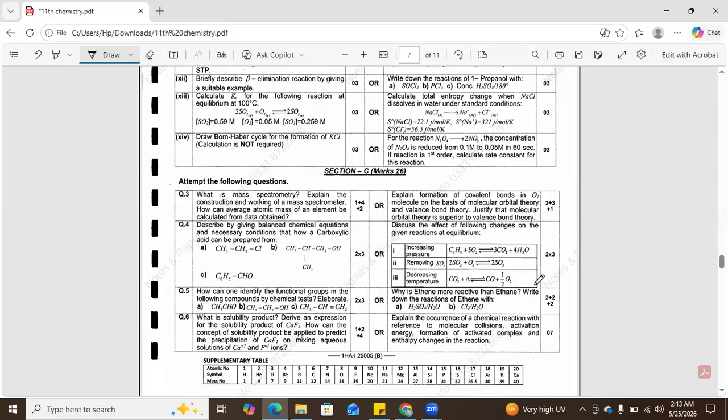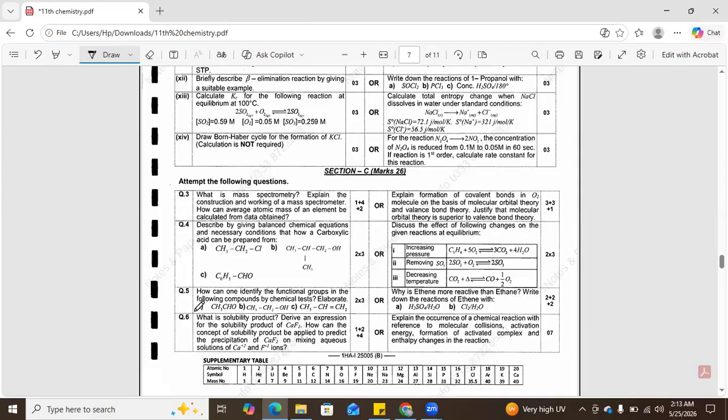Question number 5 is, how can one identify the functional groups in the following compounds by chemical test? Elaborate. CH3CHO, CH3CH2OH, CH3CH=CH2.